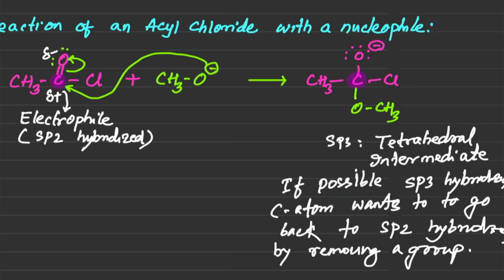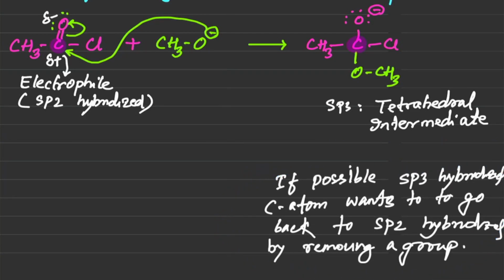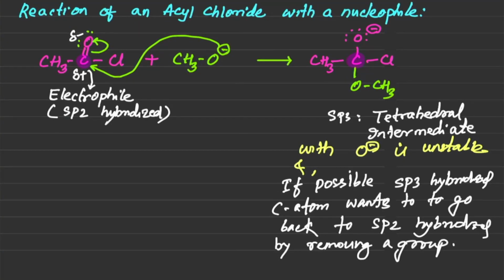So I think I should have added one thing. So the tetrahedral intermediate with O negative on top is unstable, and if possible, it wants to go back.